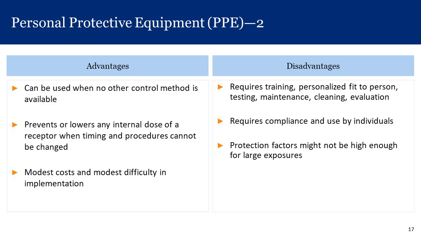Also, protection factors, or the equipment has to provide enough protection depending on the exposures one might encounter. It is possible to have such high exposures that you may need to use a more highly protective device. For example, this is why firefighters wear self-contained breathing apparatus when they go into a fire, because their exposures are so enormously high that an N95 or a little paper mask isn't going to give them enough protection entering a fire, and that's why they have to use SCBAs.